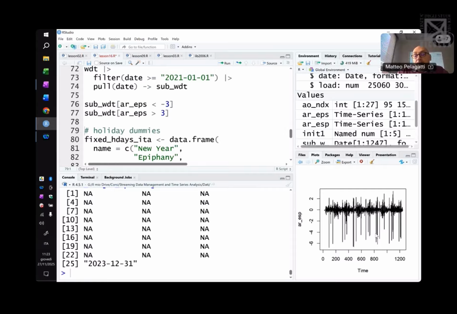They're not all equal, but we could add many different single dummy variables, or we can assume they all have the same or a very similar effect and just build one dummy. So keep in mind, if you build one dummy for all the holidays, then you're assuming the effect is similar. And if you're instead using a dummy for each of these holidays, then it means that they have different effects.